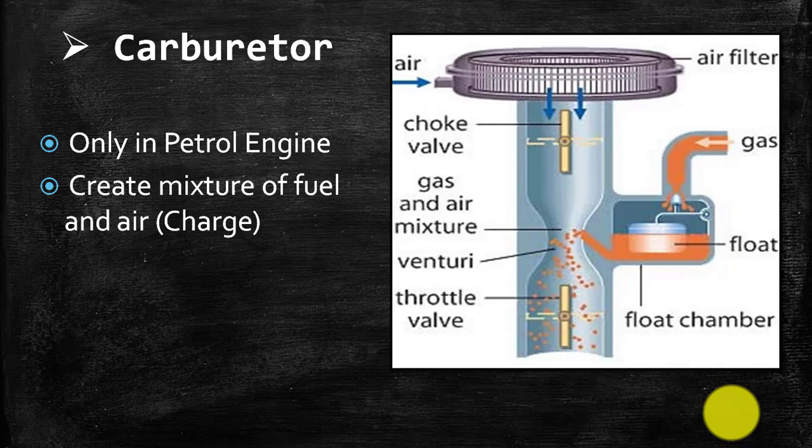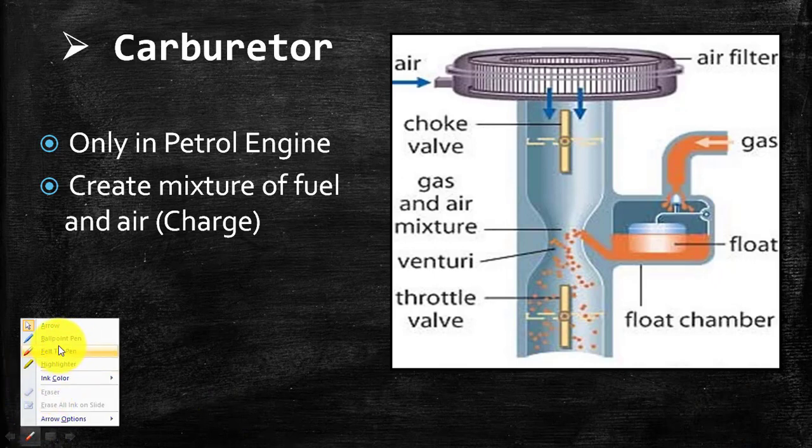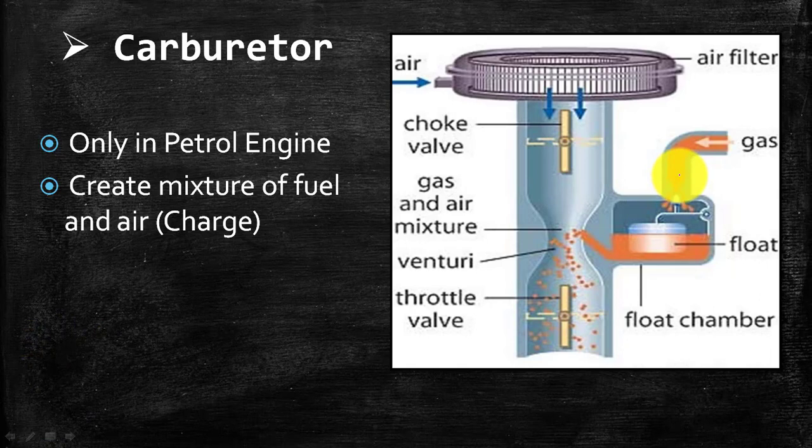Now, in the construction of a basic carburetor, we have a float chamber, we have a float, we have a connection to the petrol tank or the fuel tank. Okay. And this float chamber is connected at this venturi shape.